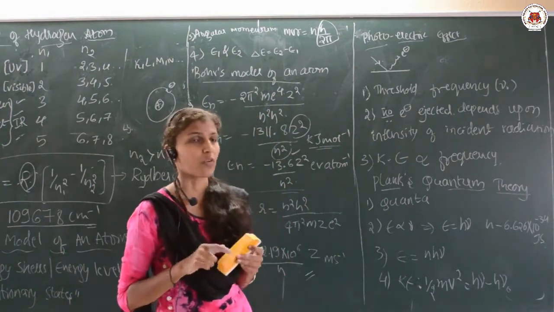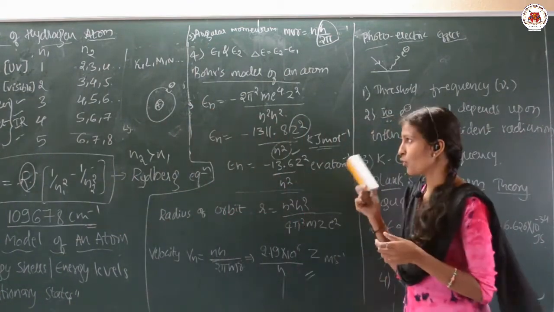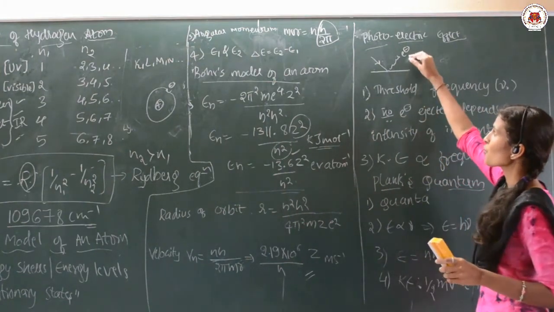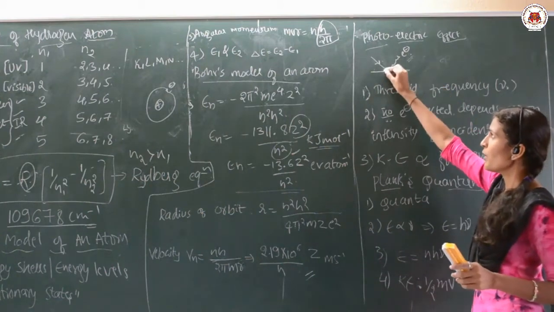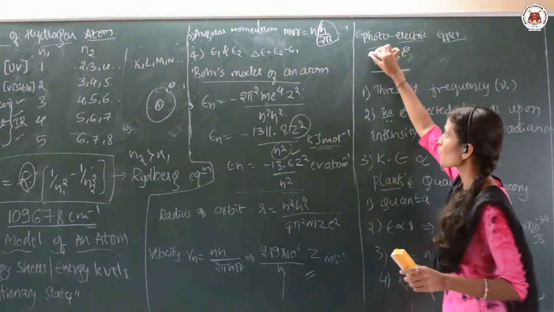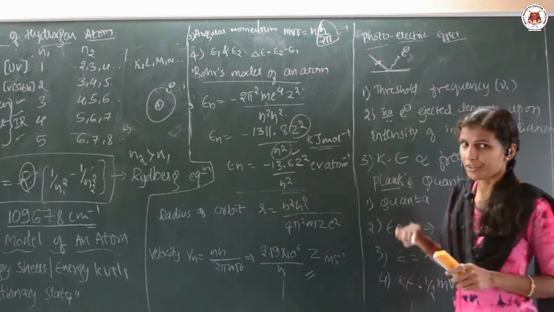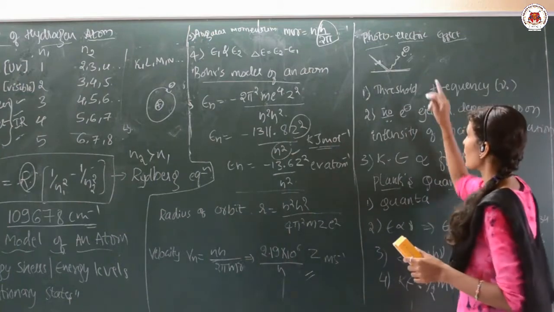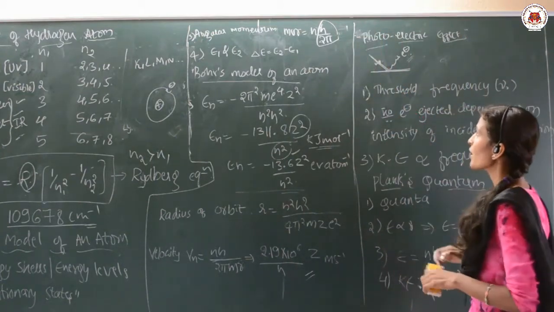That process is called the photoelectric effect. So, what is the meaning of the photoelectric effect? Photoelectric effect is the ejection of electrons from the metal surface when a suitable frequency of radiation falls on it.